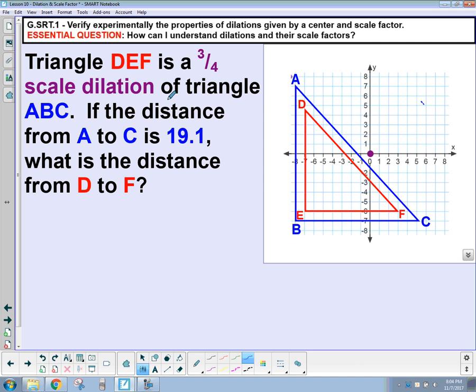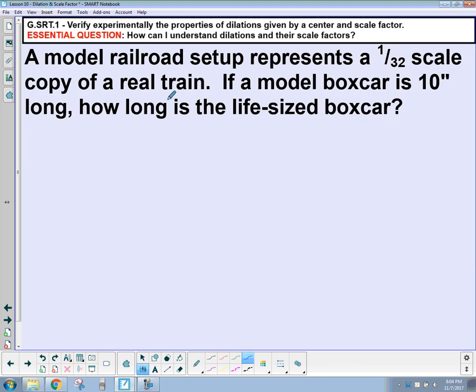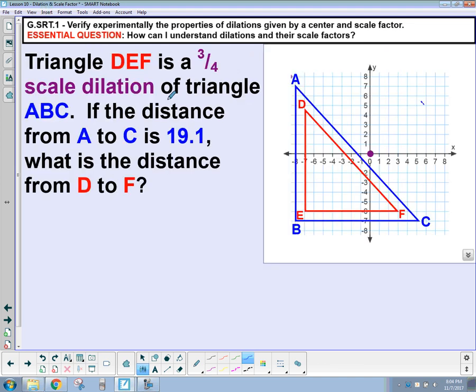Let's take your 19.1. That's the original. Triangle DEF is a 3/4 scale dilation of triangle ABC. If the distance from A to C is 19.1, what is the distance from D to F?